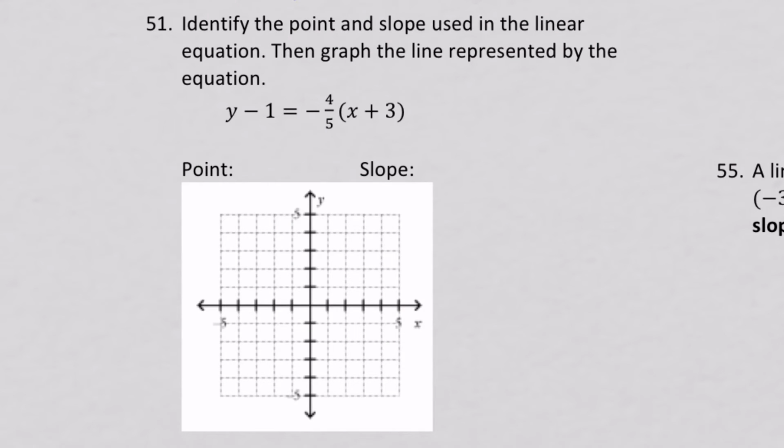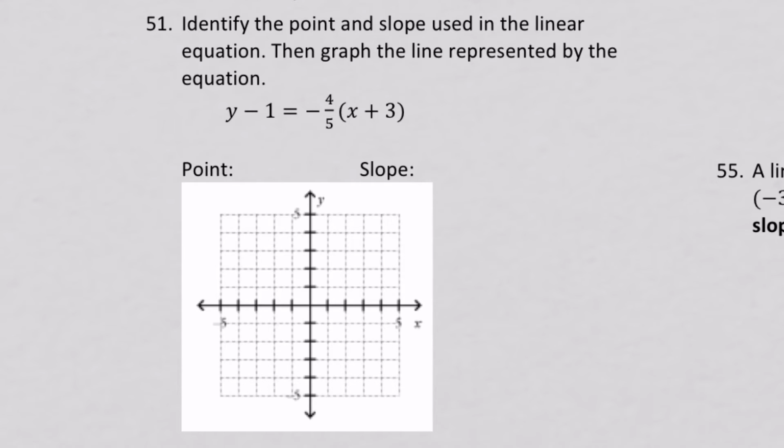Number 51. Identify the point and slope used in the linear equation, then graph the line represented by the equation. So you have an equation in point slope form, and it's asking us to graph by identifying the point that was originally substituted in and the slope of the equation.